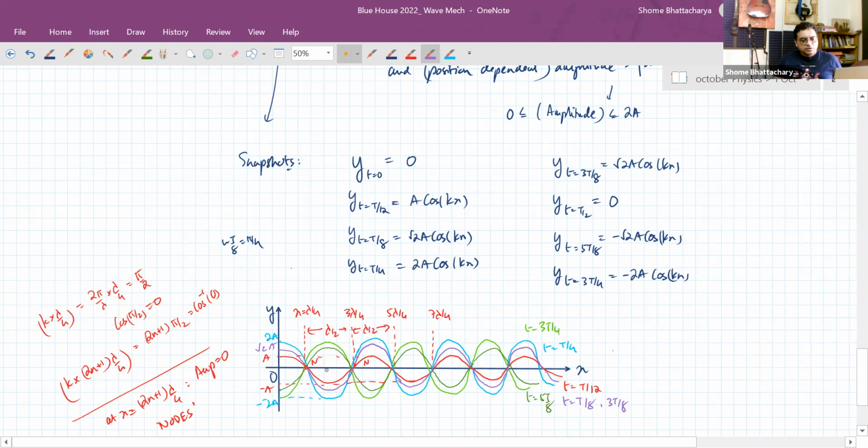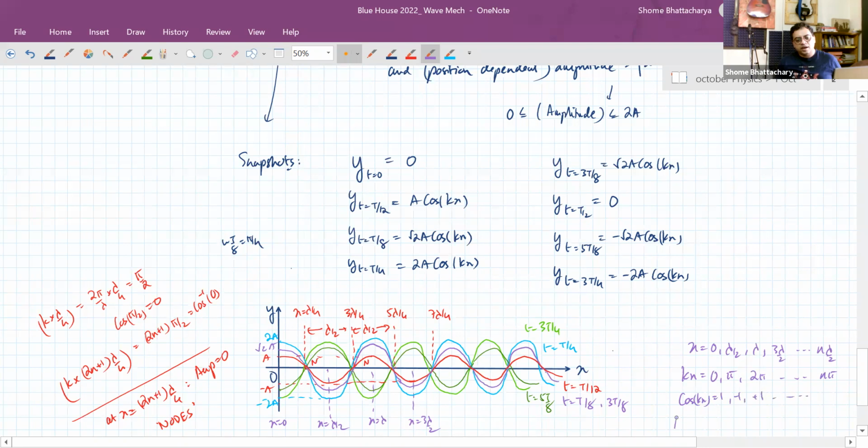Similarly, if you look at these points, x equal to 0, x equal to lambda by 2, x equal to lambda, x equal to 3 lambda by 2, and so on, so multiples of lambda by 2, kx will be 0, pi, 2 pi, general n pi. So cos kx will be 1, minus 1, plus 1, and so on.